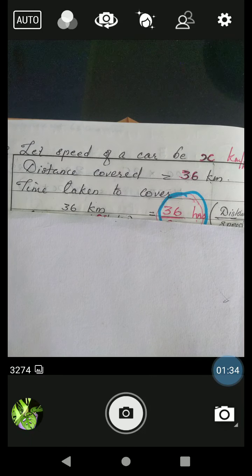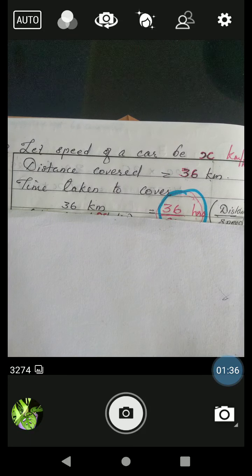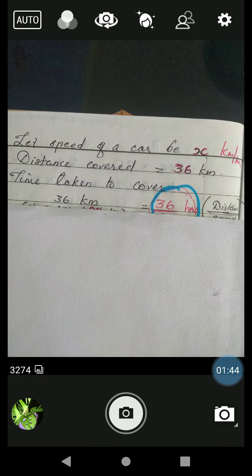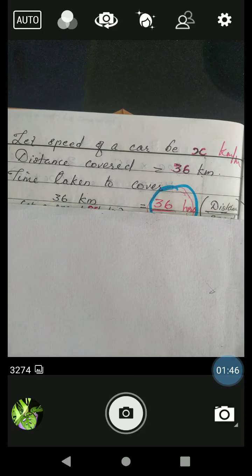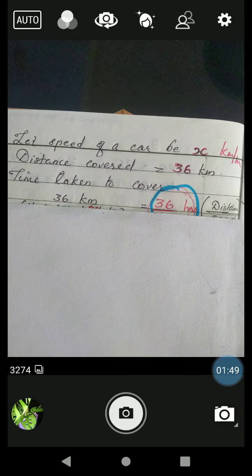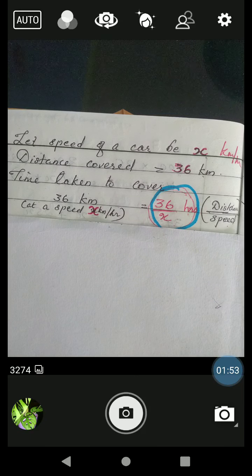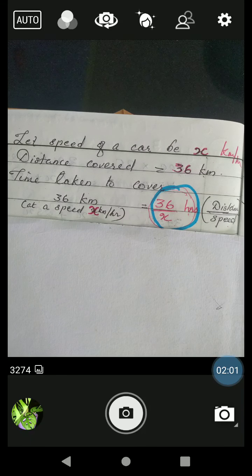We know time is equal to distance divided by speed, that we have learned in earlier classes. So, we can write time taken to cover 36 km is 36 km divided by x kilometer per hour. So, we get the result 36 by x hours, time taken to cover 36 km.